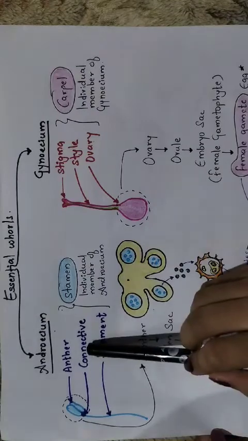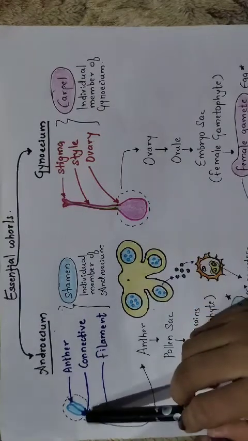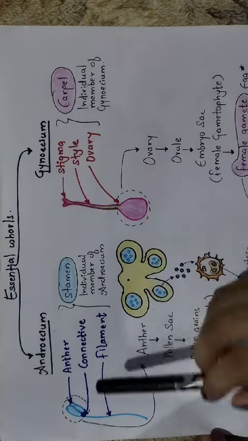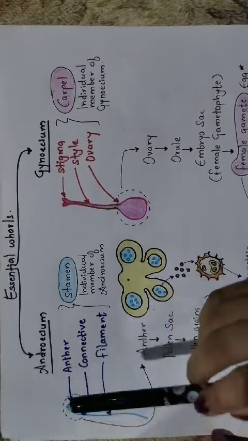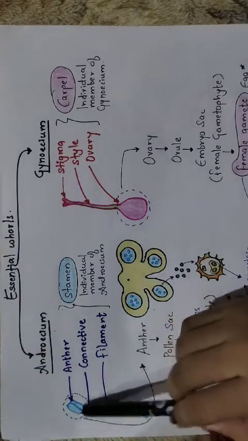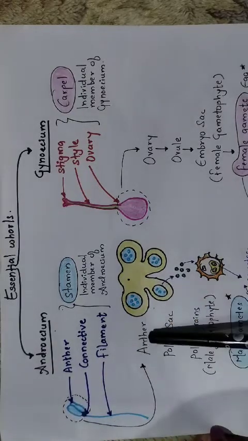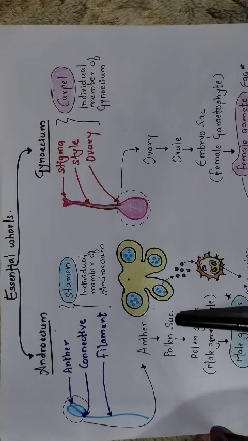Also, the connective's main role is acting as a conductive strand. The next part above, the apical part, is the anther, which is a very important part. Why? Because this anther acts as a container which consists of the pollen sac.